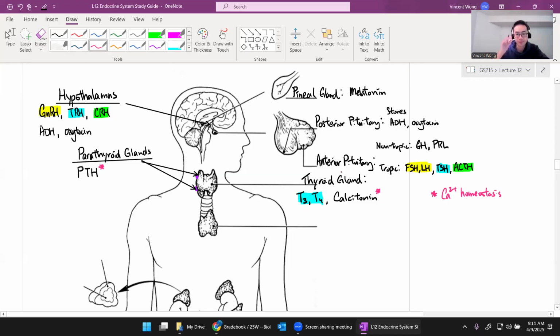Okay. All right. This is in front of the heart. That's your thymus. And the thymus produces thymosin for T cell maturation.